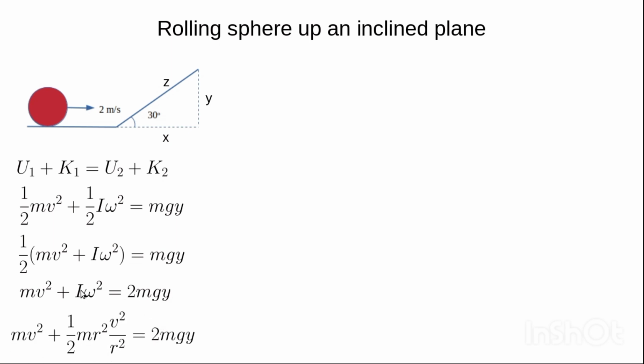If we replace I, the moment of inertia of a solid sphere, which is two-fifths of m r squared, and the angular velocity is v squared over r squared, the r squared terms take care of each other. We can factorize our m out and make y the subject of the formula.